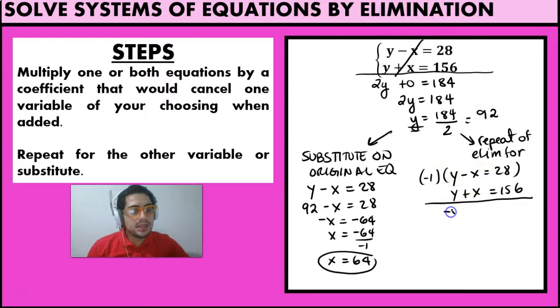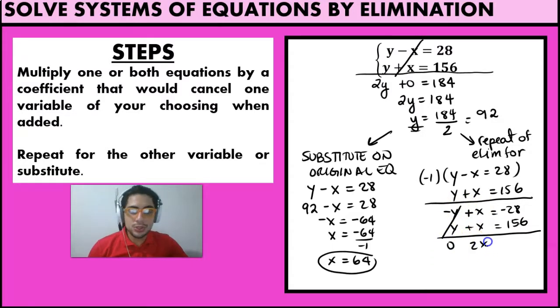Minus 1 times y is minus y, minus 1 times x is plus x, minus 1 times 28 is minus 28. The second one stays the same, and then you just add them. So minus y plus y is 0, x plus x is 2x, and 156 minus 28 is 128. Now, 2x is equal to 128, so x is equal to 128 divided by 2, and you guessed it, it's going to give you 64.